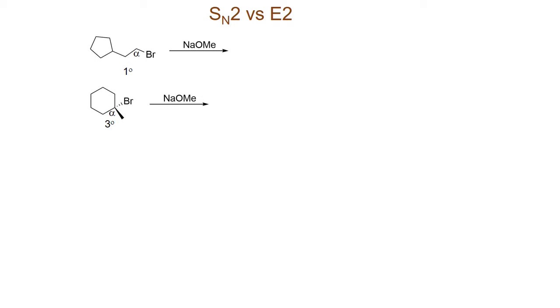Now, primary alkyl halides have a preference to undergo SN2 type reactions with strong nucleophiles. Tertiary alkyl halides, on the other hand, have a preference to undergo E2 reactions with strong bases. Since sodium methoxide can act both as a strong base and a strong nucleophile, the first reaction in this case is going to give us major SN2 product, while the second reaction would give us mainly E2 products. These would be the major products from these reactions.